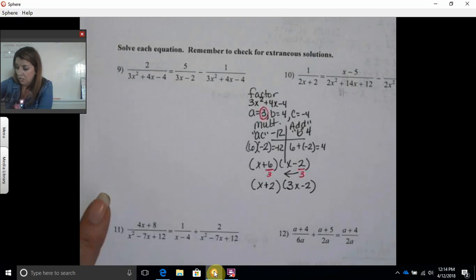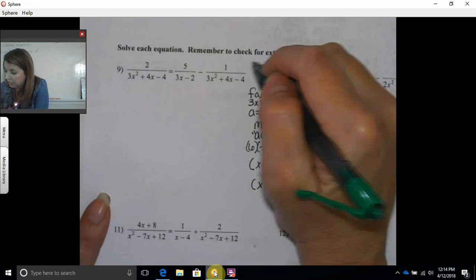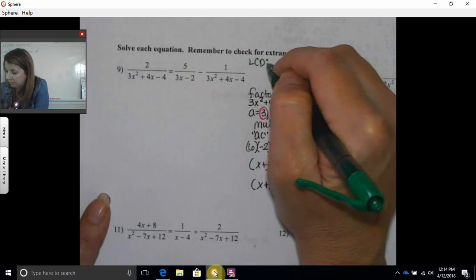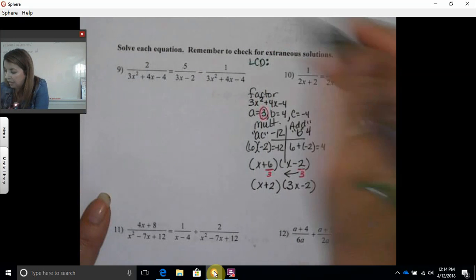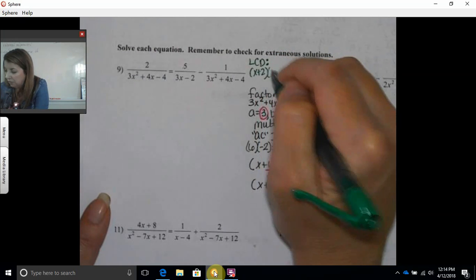Okay? So, real quick, what is our least common denominator going to be? x plus 2 and 3x minus 2.